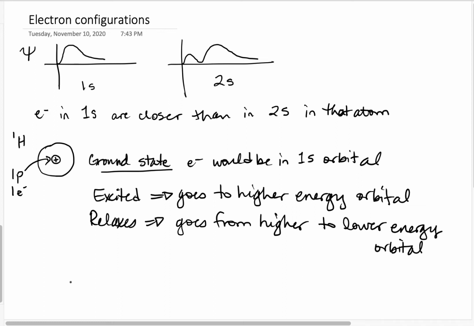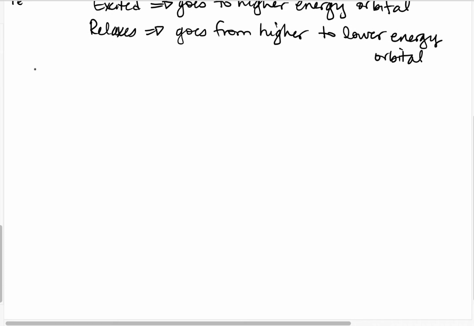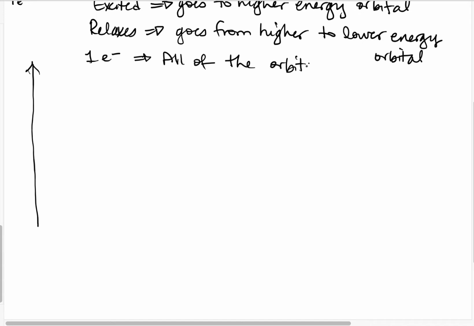So let's actually take a minute now and get back to why the Balmer-Rydberg equation and the Bohr model only worked for hydrogen. We've talked about several different orbitals here, and I'm talking about orbital energy. It turns out that when you have one electron, all of the orbitals in each shell have the same energy.